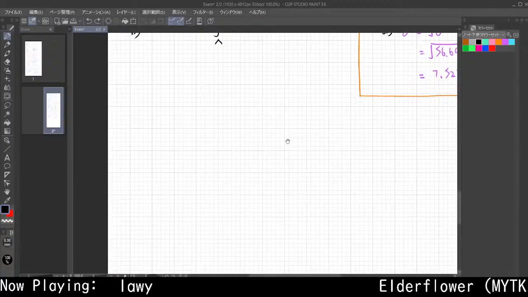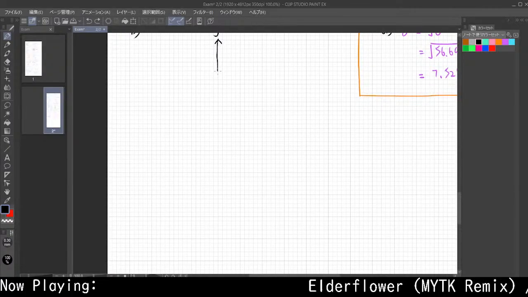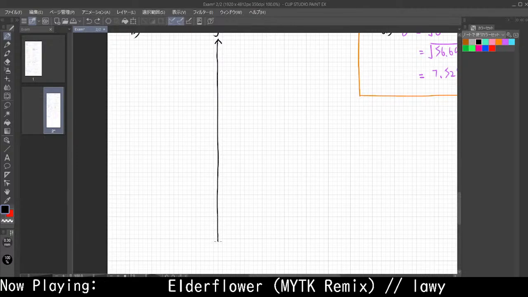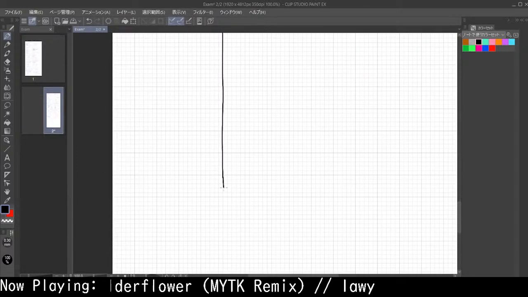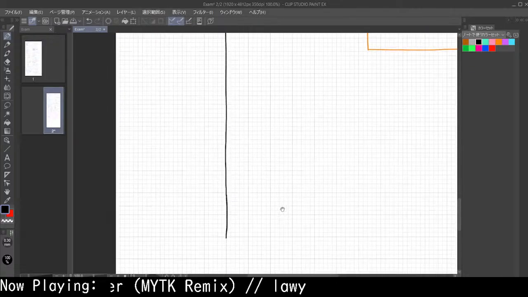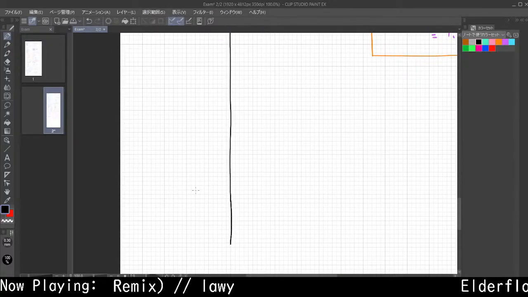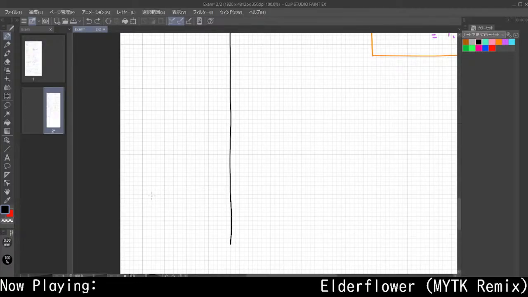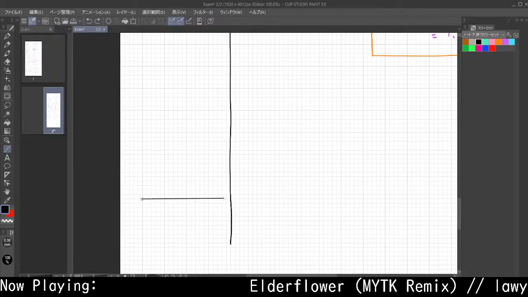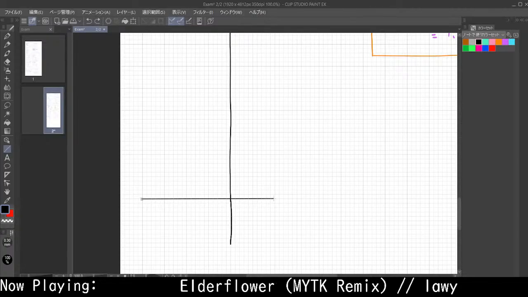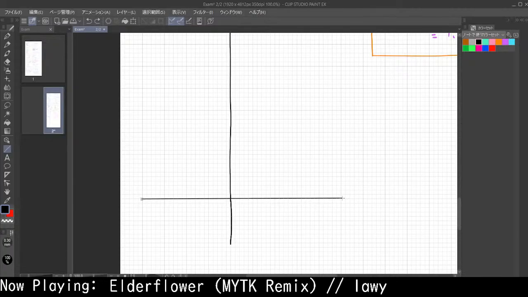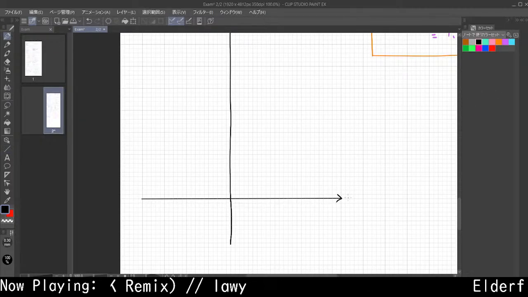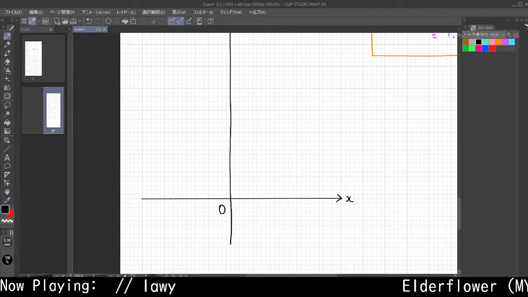Let me draw the line first. 1, 2, 3, 4, 5, 6, 7, 8, passes through 0. 1 at the bottom, extend. Then -3, -2, -1, 0. Let me just use a line. This is your x, so this is your 0 over here.